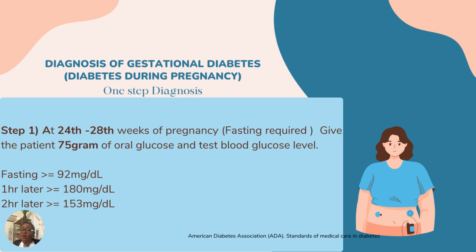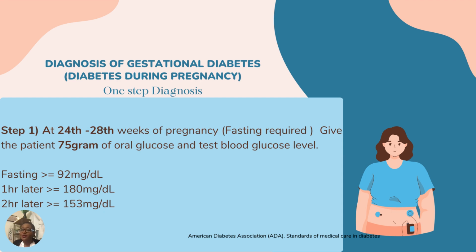Or if 2 hours later, after drinking the 75 gram of oral glucose, her blood level is greater than or equal to 153 milligram per deciliter, then this pregnant woman can be diagnosed with gestational diabetes.